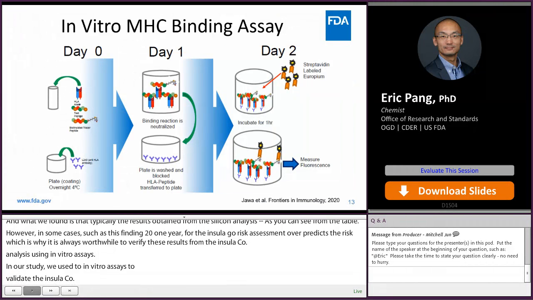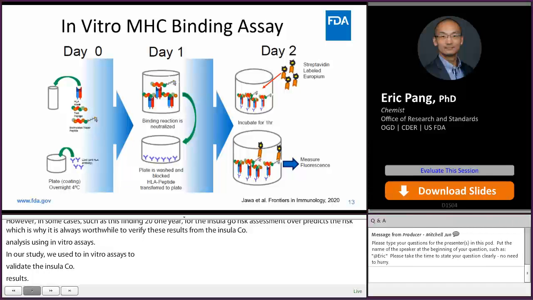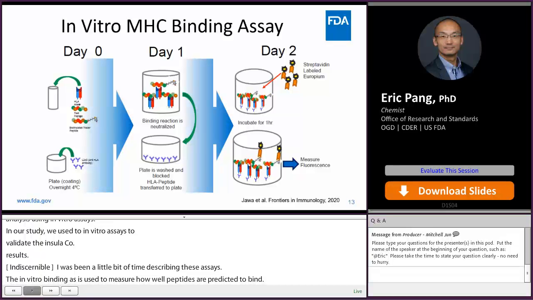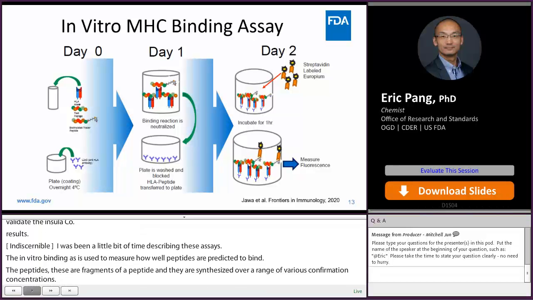The MHC binding assay is used to measure how well peptides are predicted to bind to MHC. The peptides, or fragments of the peptide, are synthesized and assayed over a range of various concentrations in the HLA binding assay. The peptides are incubated overnight with soluble HLA and a biotin-labeled competitor of moderate affinity.